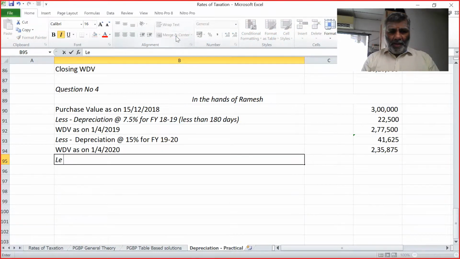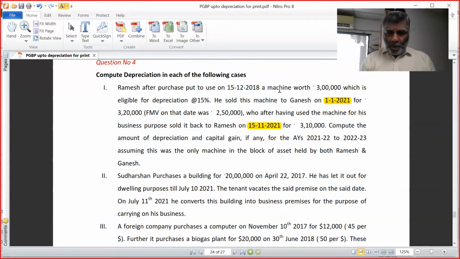Opening WDV as on 1/4/2020, 2,35,875, less sale consideration. In the financial year 2021, he has sold the asset. You can see he sold the machine to Ganesh for 3,20,000.